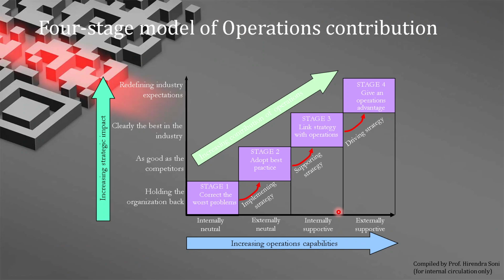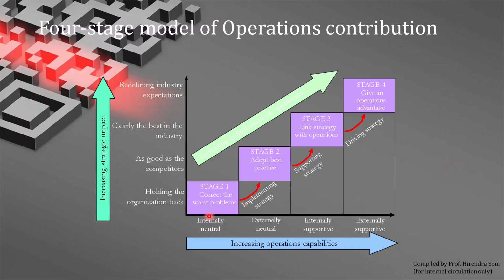The four-stage model of operations contribution basically tries to explain these roles. At the same time, it talks about the relationship between operations capabilities and the strategic impact of operations to an organization.